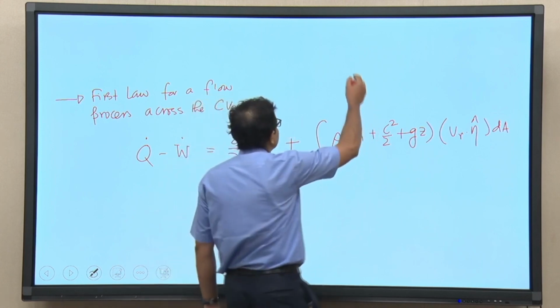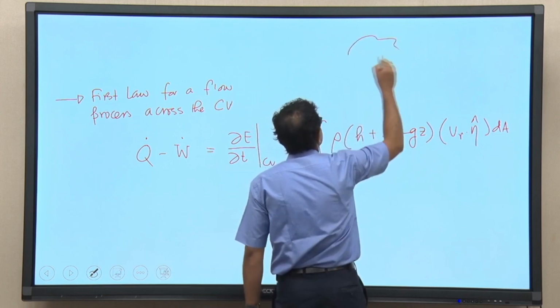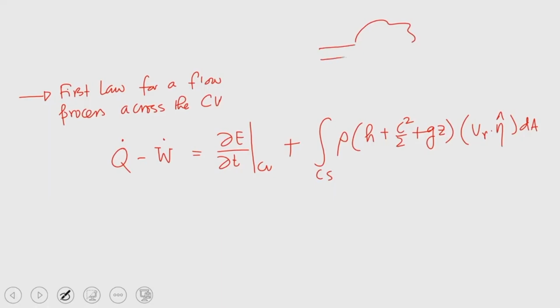So, if we consider a control volume, this is the inlet I and that is the outlet, that is E, exit. The flow is taking place, and this is the control surface and this is the CV.